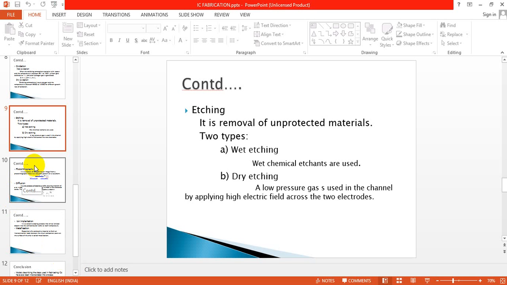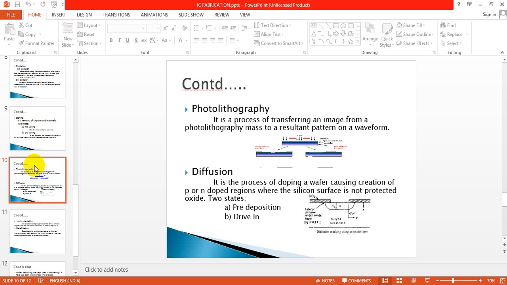The fourth process is photolithography. It is the process of transferring an image from a photolithography mask to a resultant pattern on a wafer. A photoresistive polymer film is applied to the silicon wafer, dried, and then exposed with the proper geometrical patterns through a photomask to UV light or other radiation.